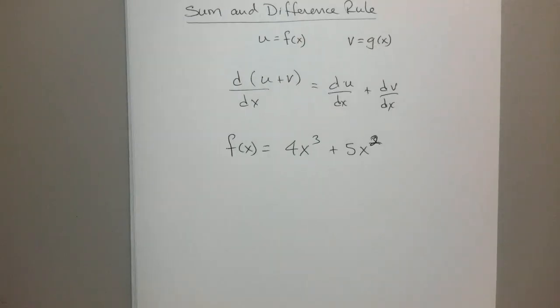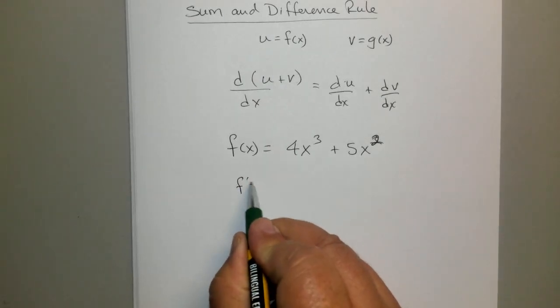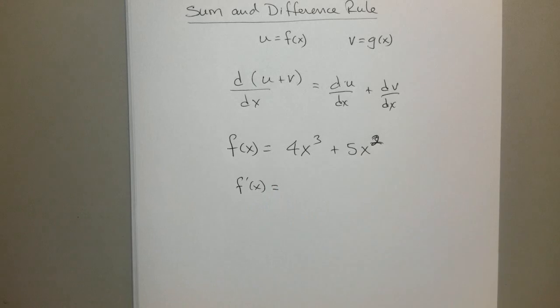F of x equals 4x cubed plus 5x squared. What's the derivative?